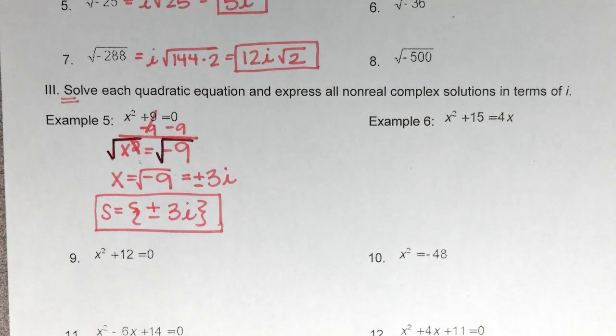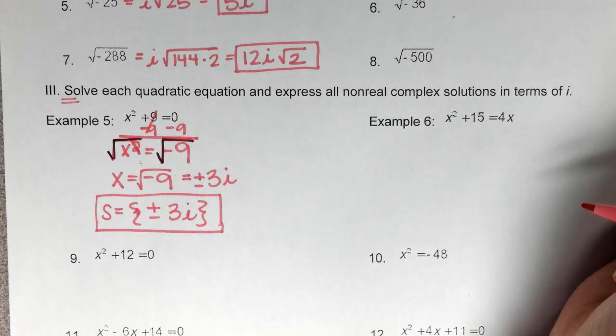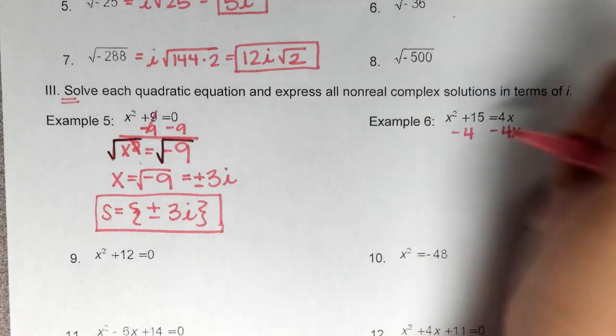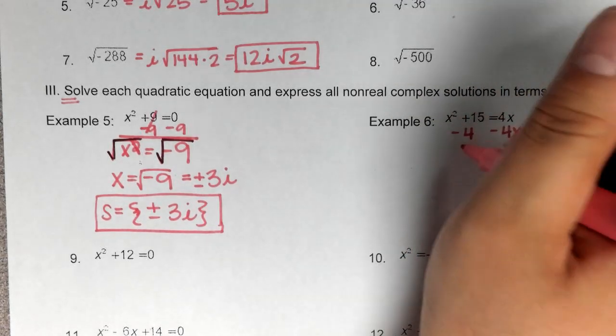What about example 6? What do I do in example 6? Sorry, example 6 on the side.